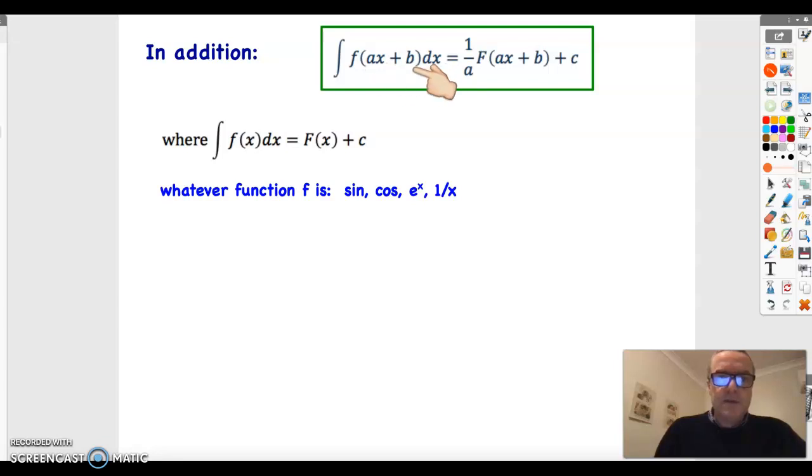The only difference being that when we write the integral we include this coefficient of 1 over a, where a is that coefficient of x. So if we already know a simple rule for f of x, we can apply the same rule to f of ax plus b if we remember to use the coefficient 1 over a as the coefficient of our integral. So let's have a look at an example of that.